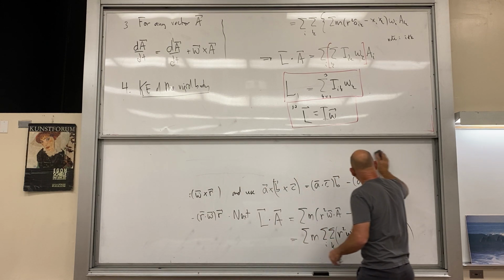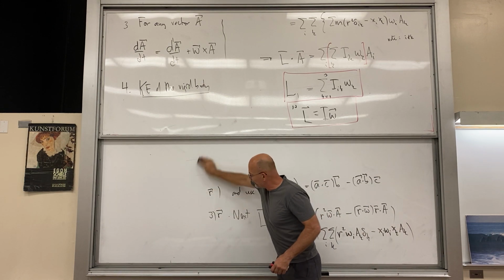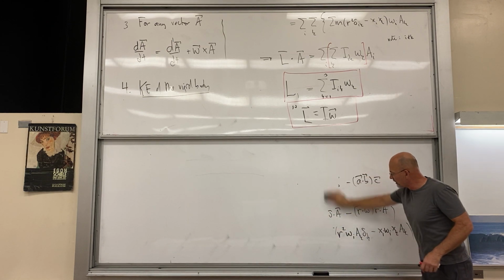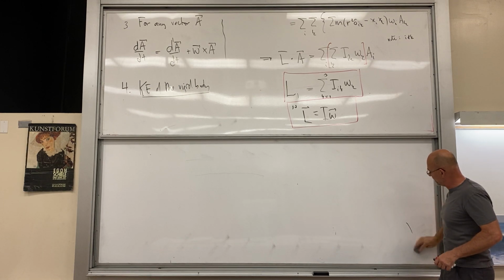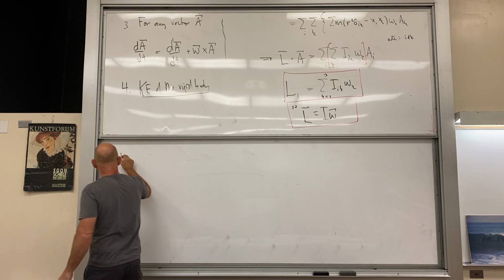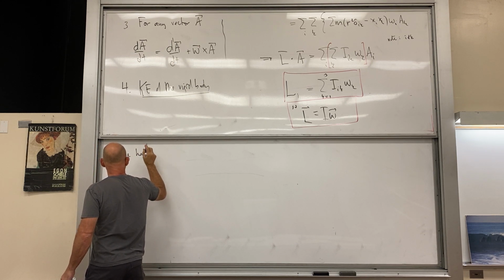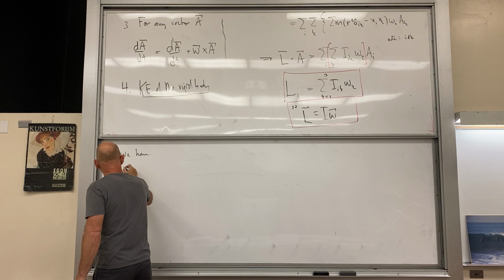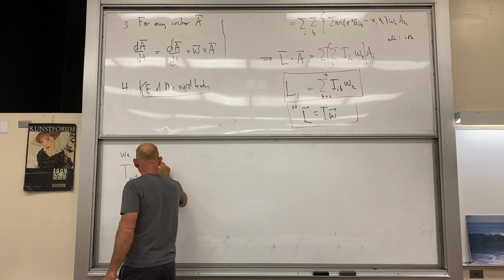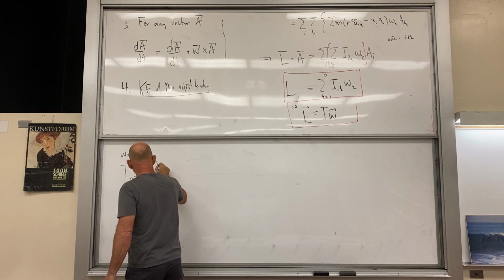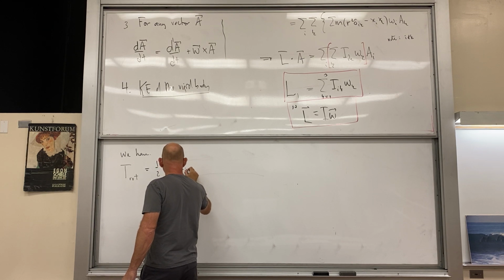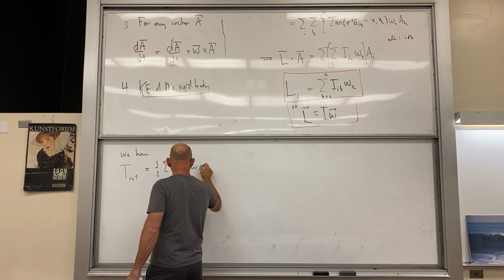So now we can inspect and have a look at what this inertial tensor actually means. And what we'll see is it's a very familiar object, in fact. So we have rotational kinetic energy equals 1/2 I_ij omega_i omega_j.